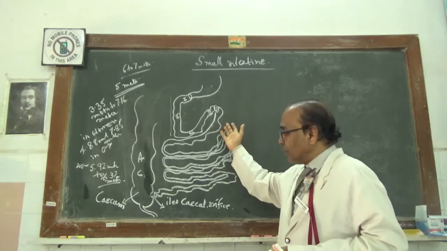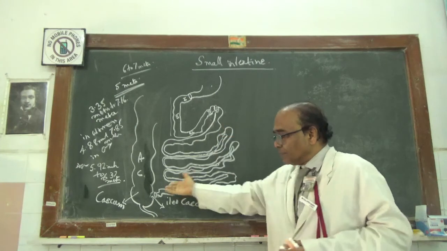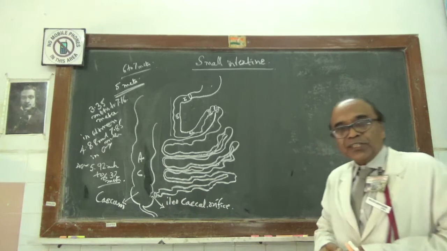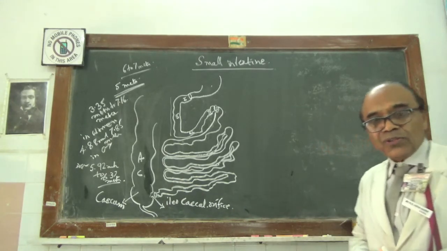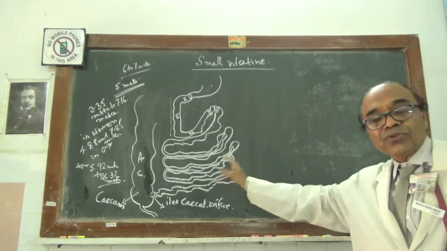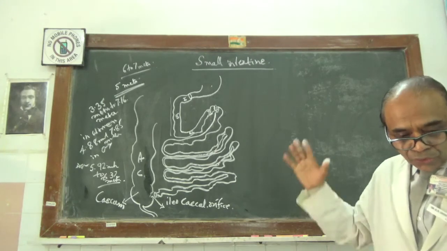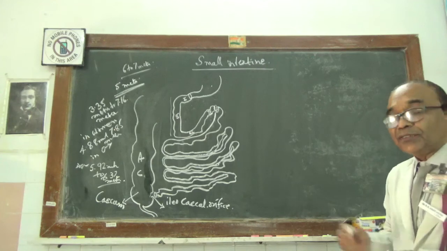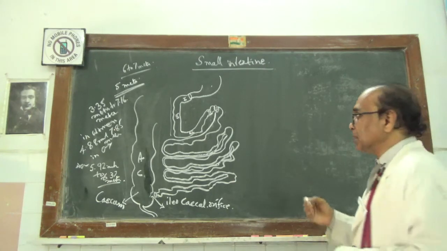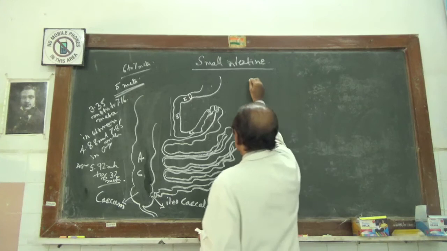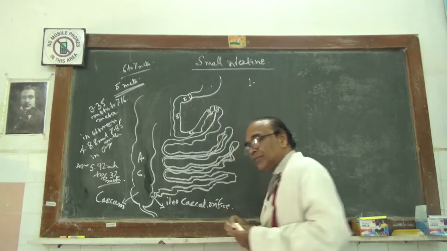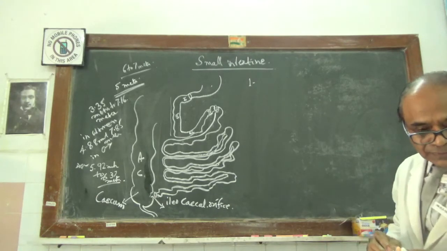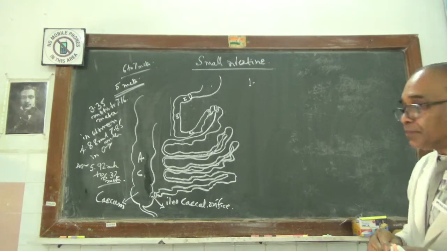Initially it is on the left, then more of its part as it terminates lies in the right infracolic compartment, that is the ileum. For the purpose of explanation, this small intestine is divided into 3 parts.